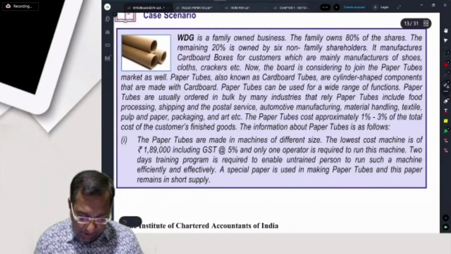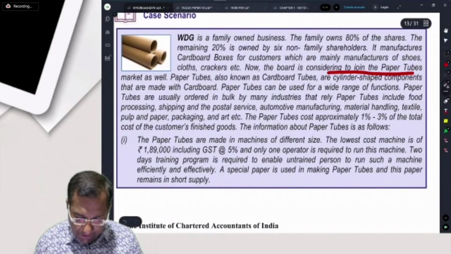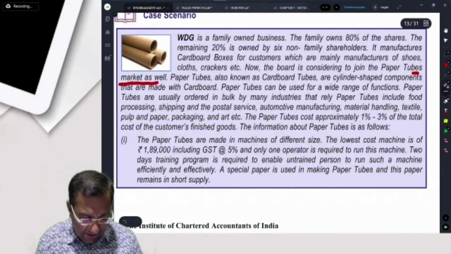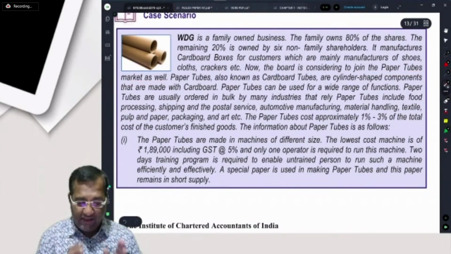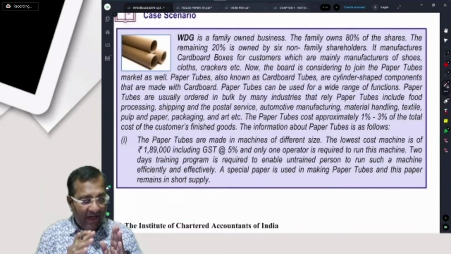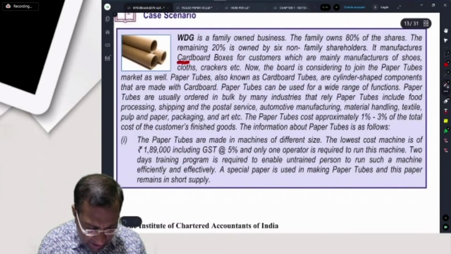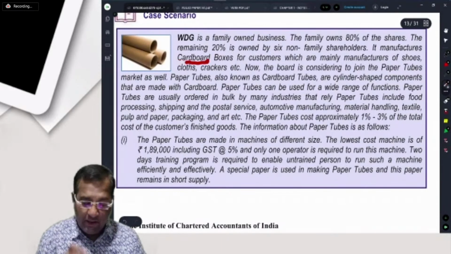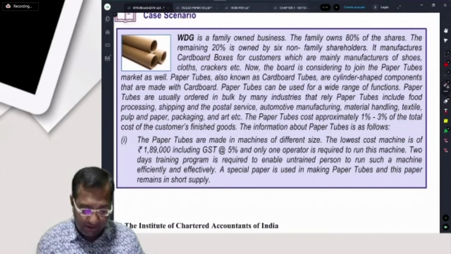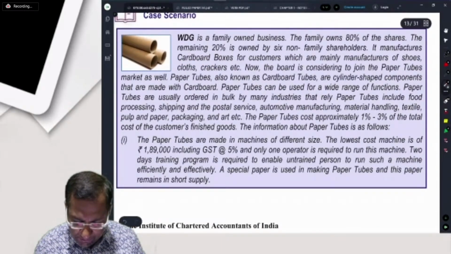Now the board is considering joining the paper tube market as well. Please be very clear, beta: the existing product is cardboard boxes. Now the board of directors is planning to enter a new industry known as the paper tube market.